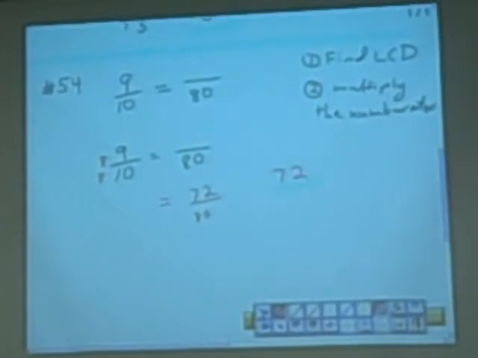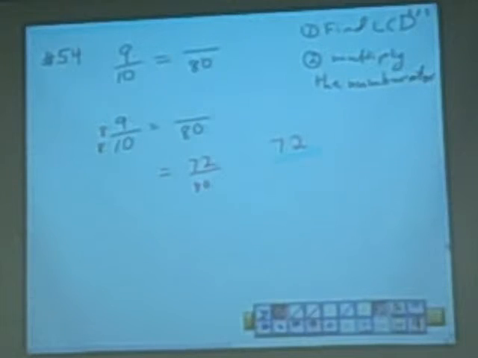Why would we want to do an exercise like this? Because if you had a fraction such as 72 over 80 and wanted to simplify it, we could write 72 as 8 times 9 and 80 as 8 times 10.